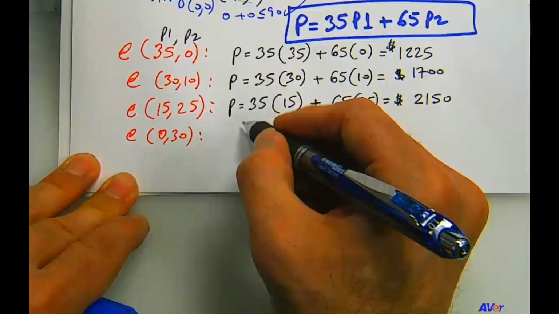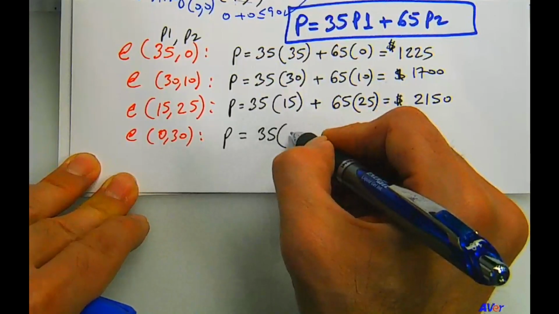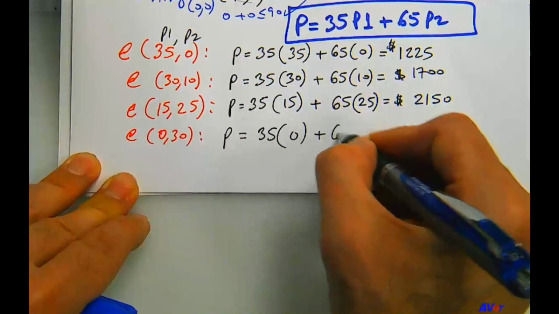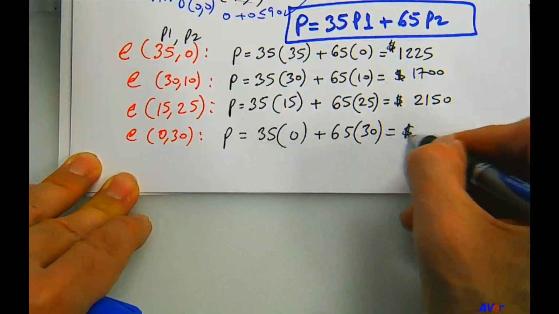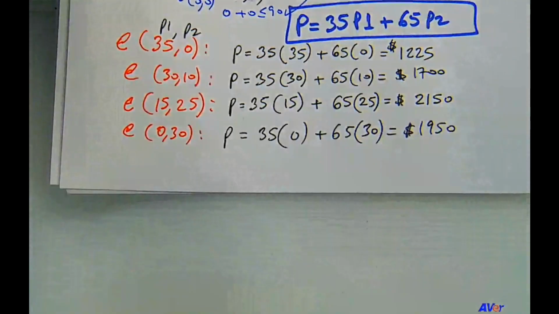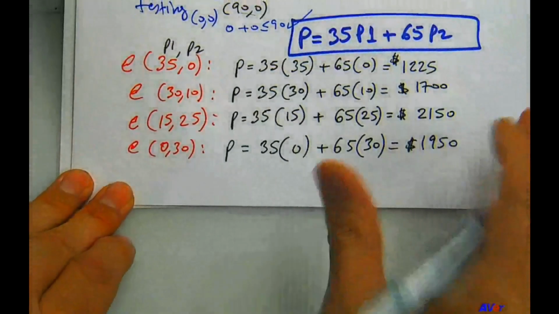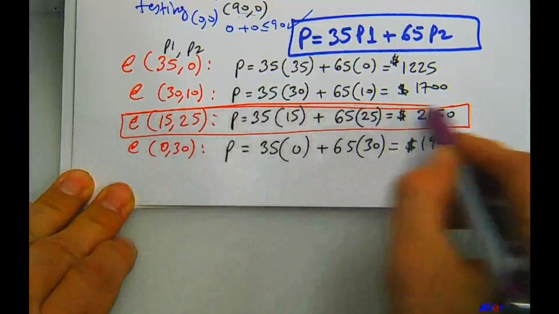And finally, P equals 35 times 0 plus 65 times 30, and we get $1,950 of profit from that. So basically, we have the maximum profit happening at this point.